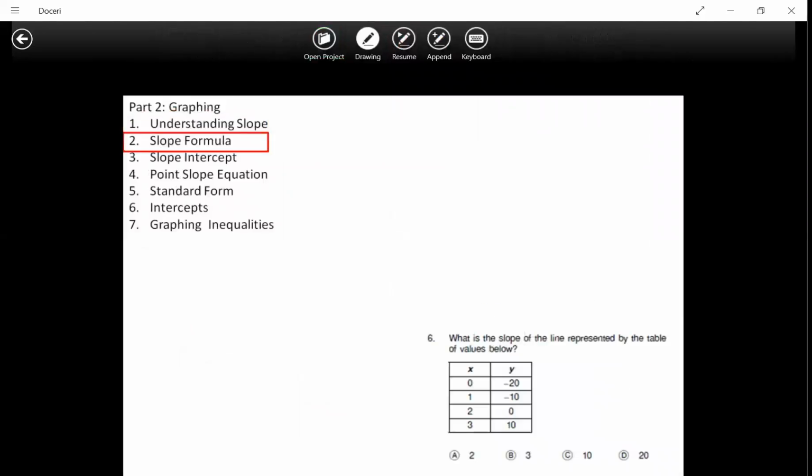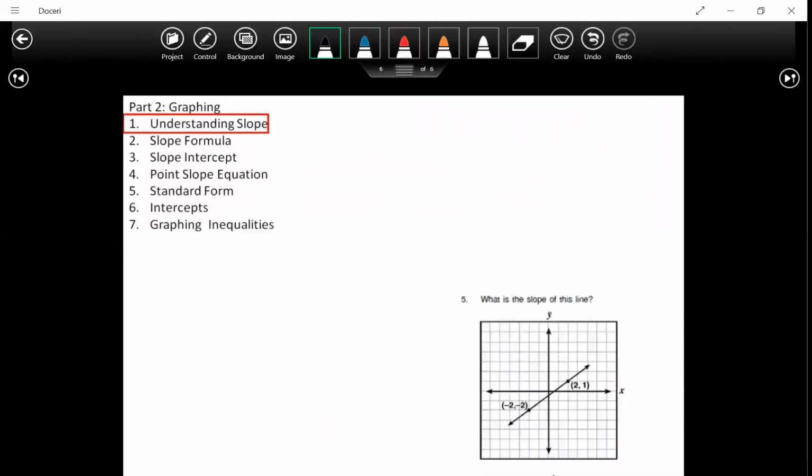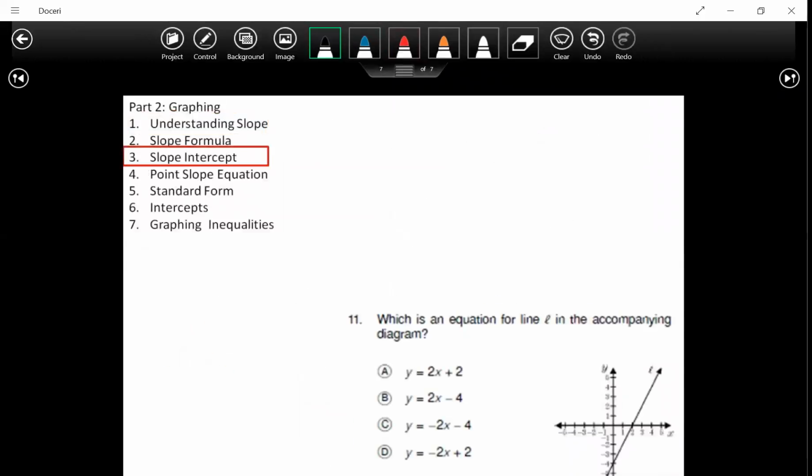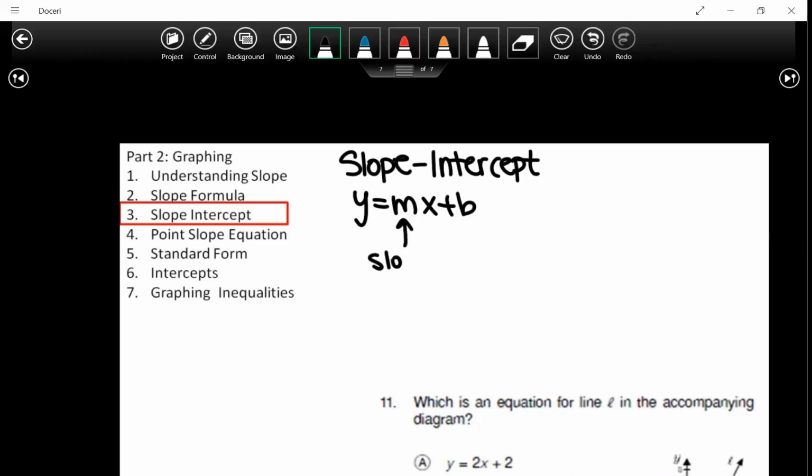So I'm going to skip this problem. Same thing, rise over run. But we're going to look at slope intercept, which is one of the lines that we have to do. Slope intercept goes from y is equal to mx plus b, where m is your slope and b is your y-intercept.